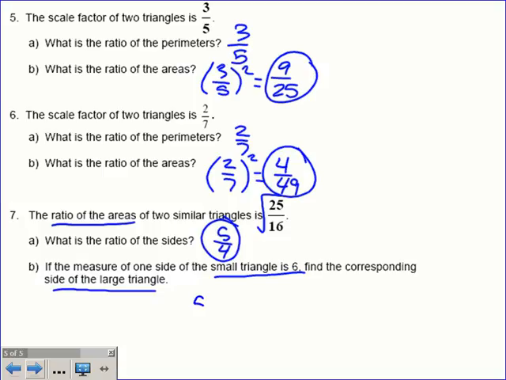Well, all we'll do is we'll say, hey, that's 5/4 equals, is 6 going to be on top or bottom? Because 6 is the small triangle. Let's see. Looks like this is the large triangle over small triangle. So 6 is on the bottom. We'll put an x there. We'll just cross multiply. That'd be 30 equals 4x. Or x equals, when we divide by 4, that'd be 7.5 units, whatever it's going to be.